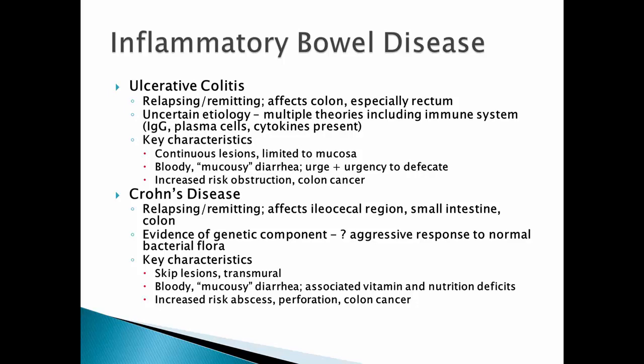So the sedimentation rate would be elevated, but we know that's very, very broad. Some of the theories related to the immune system include the influence of IgG, the increase in plasma cells, as well as inflammatory cytokines.